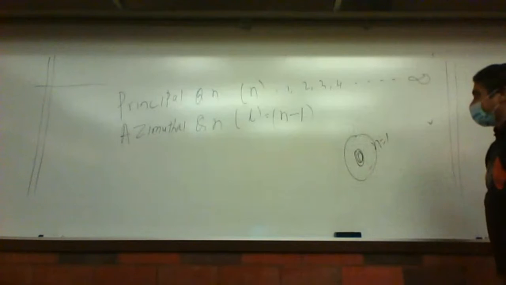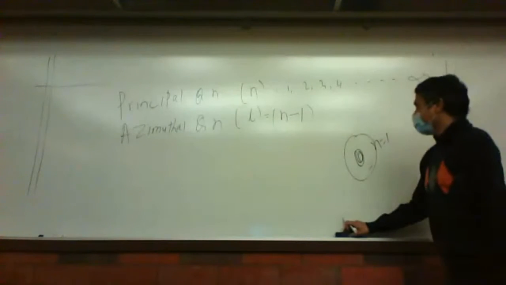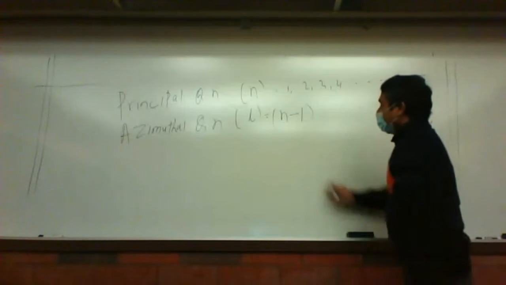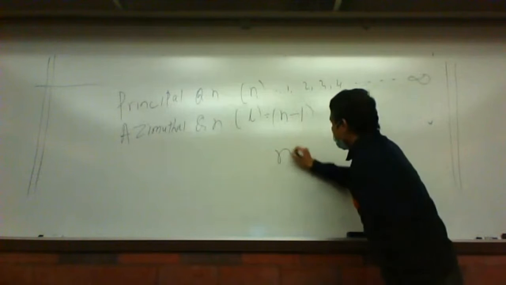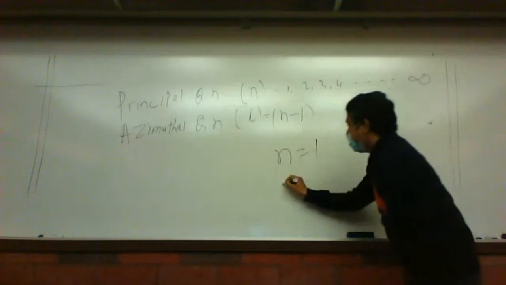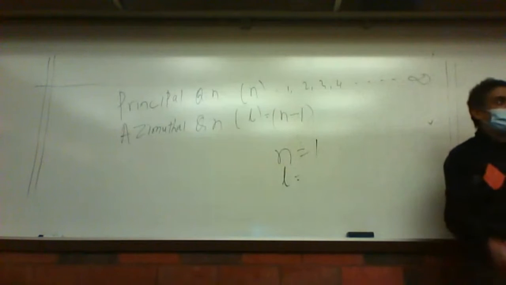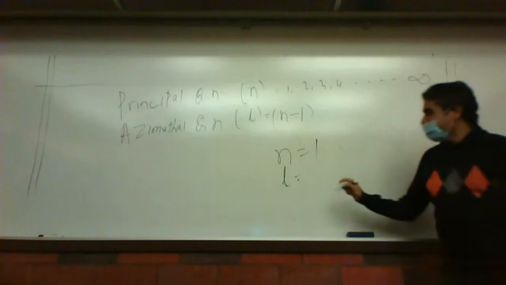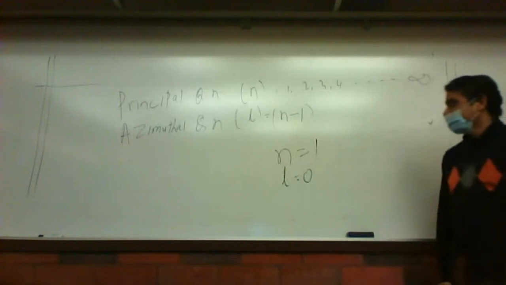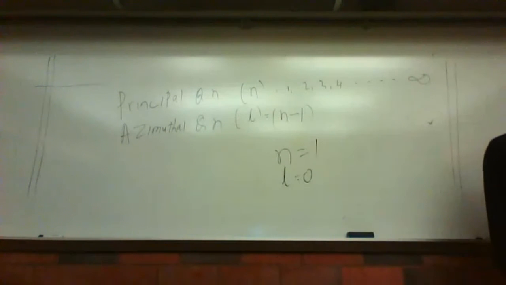I will show you what that n minus 1 is. If you have the value of n, if this is 1, 1 minus 1 would be 0, right? So the value of L would be 0. Make sense? Good.